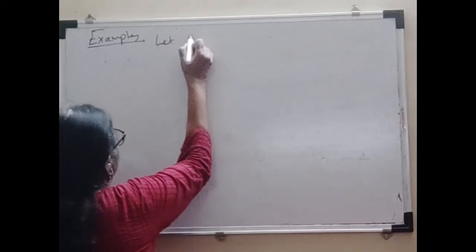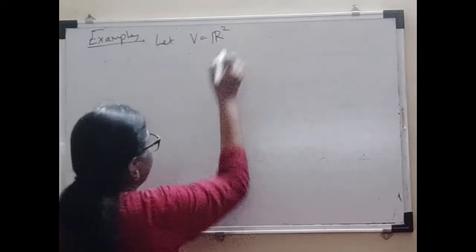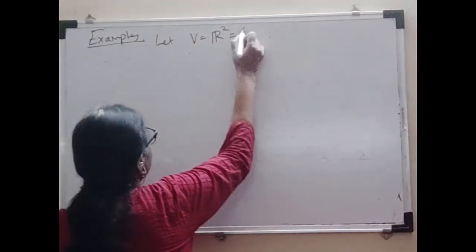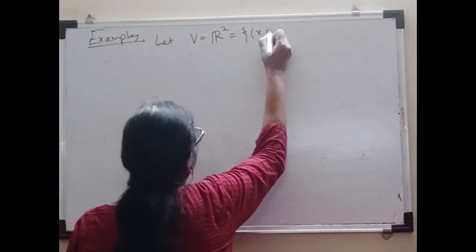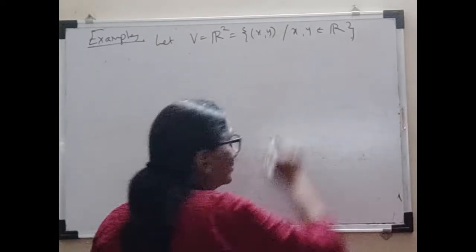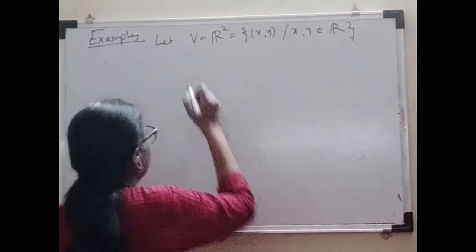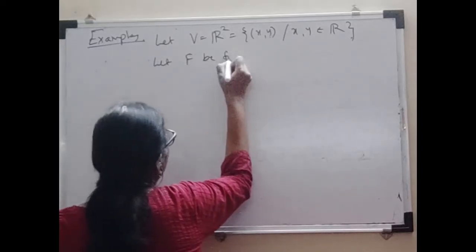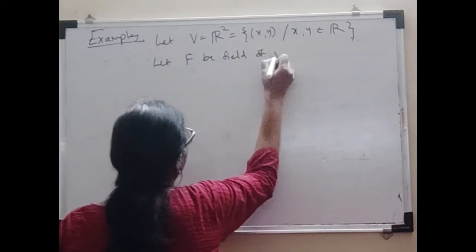Let V be equal to R2, that is the Cartesian product R cross R containing all ordered pairs (x, y) where x, y belong to R, and let F be the field of scalars, the field of real numbers.